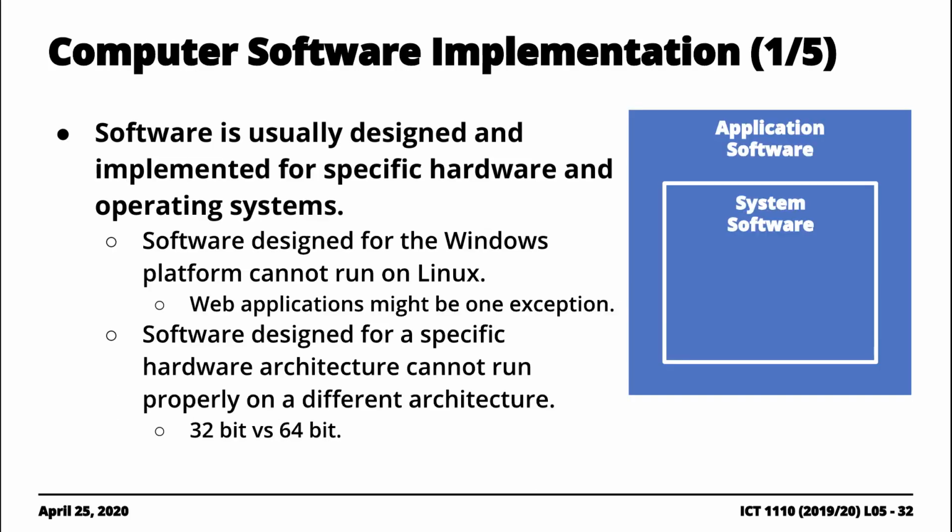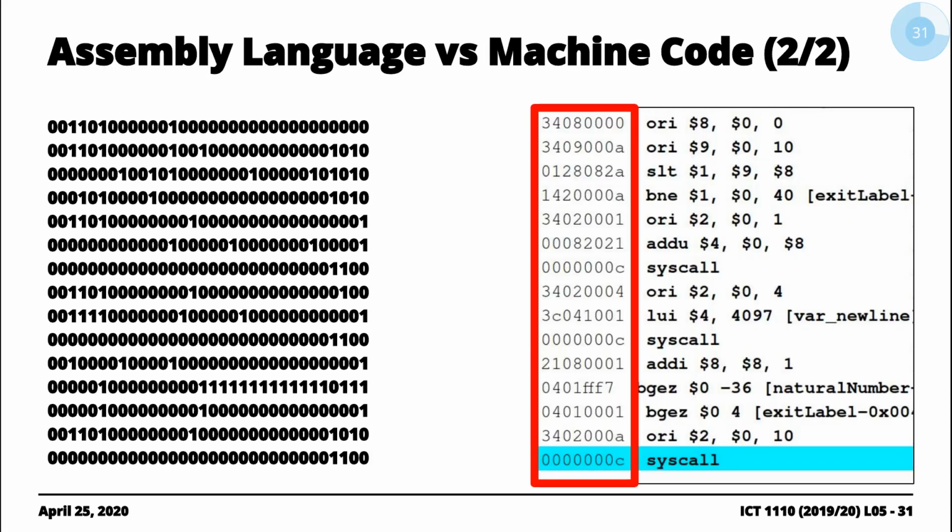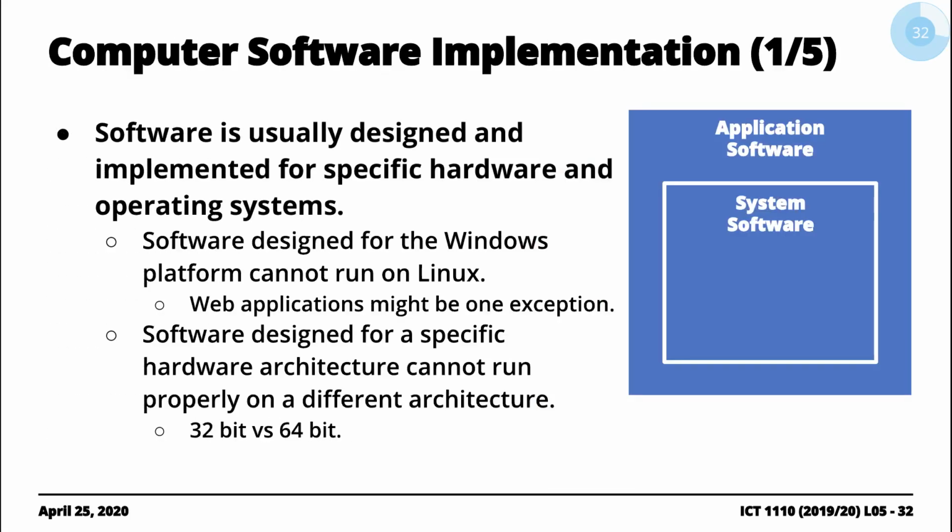All right, so still on implementation of so-called software, something else that is really important to discuss here is this idea that typically software is created for a particular hardware architecture and operating system. So software that is meant for Android cannot easily be installed and executed on, let's say, Linux or a Windows machine.